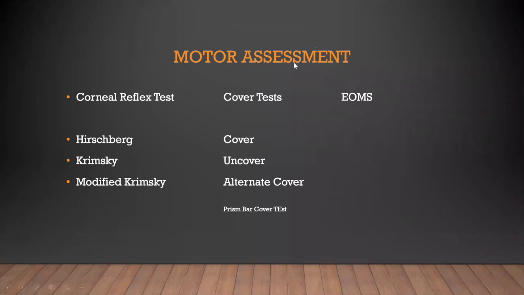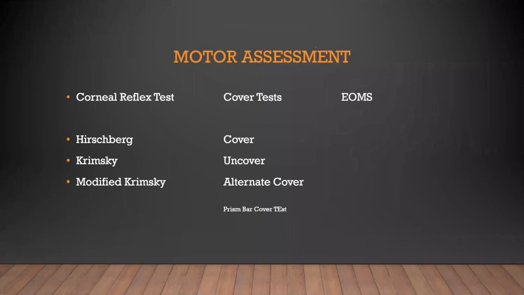So in your motor assessment, can anyone tell me, just based on assessing a patient when they come in, what are the things that you want to look at? What is critical in observing a patient just when they walk into the OPD? We have certain critical findings that we want to look at.